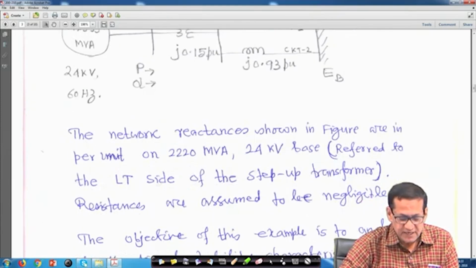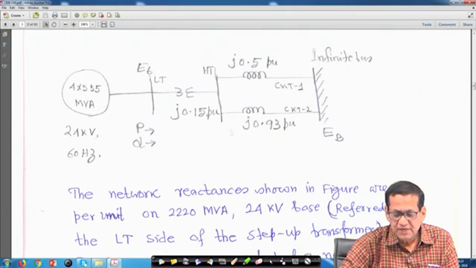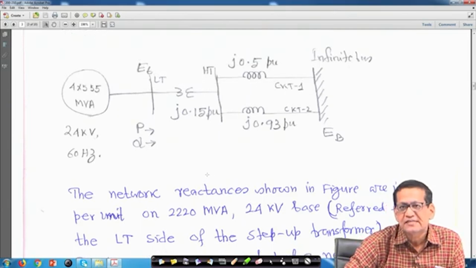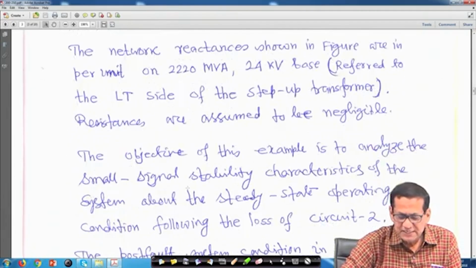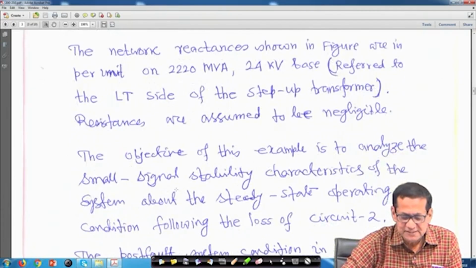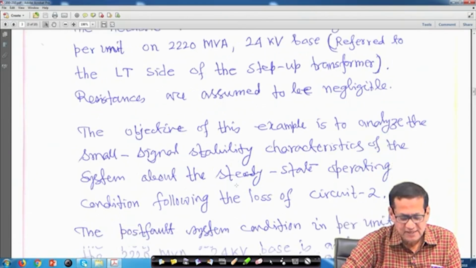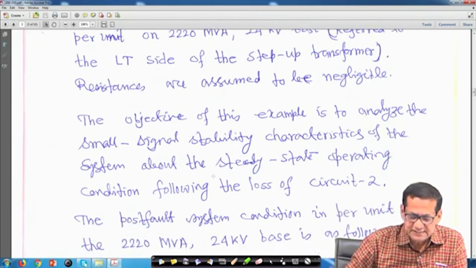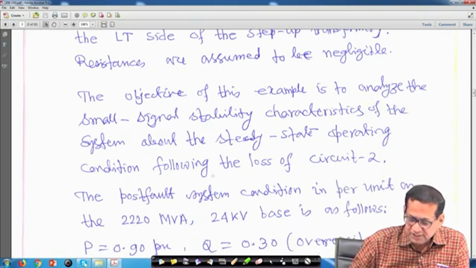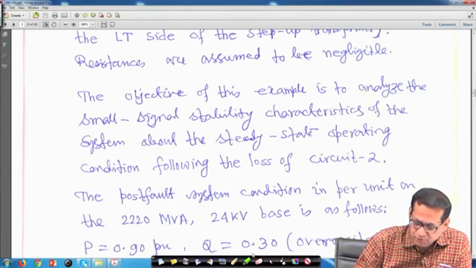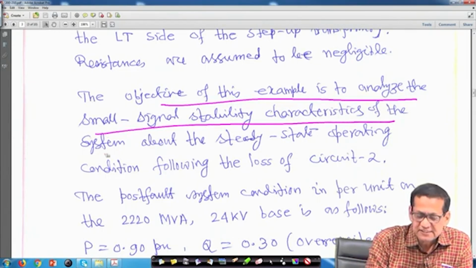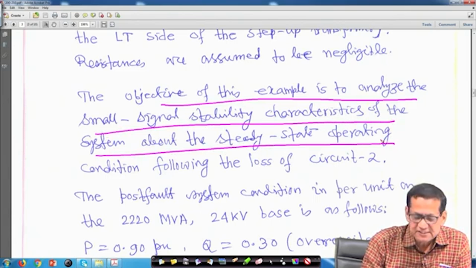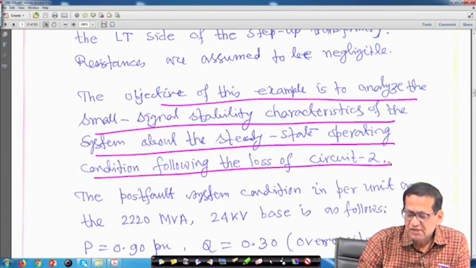Resistances are assumed to be negligible; we have neglected them for easy calculation. The objective of this example is to analyze the small signal stability characteristics of the system about the steady state operating condition following the loss of circuit 2.